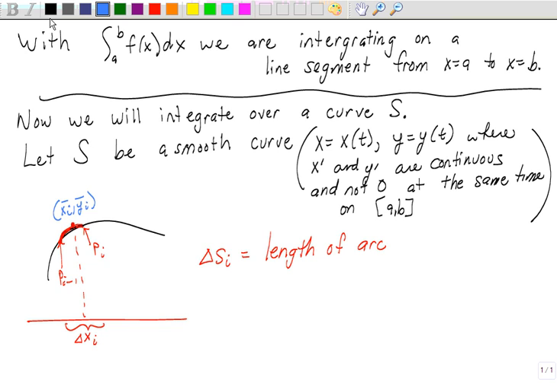Then, of course, just like with Riemann sums, we're going to add up the arcs, and that looks like this.